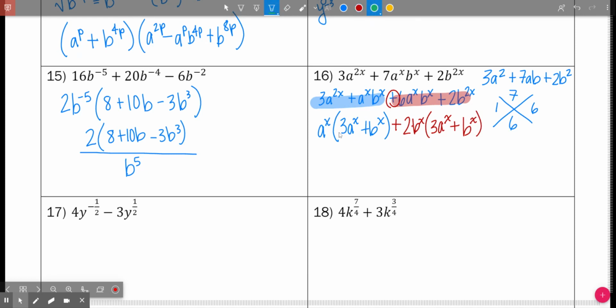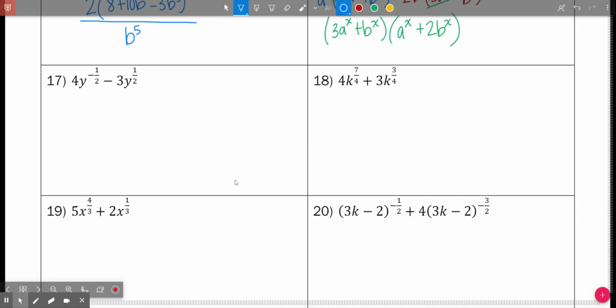So now I have 3a to the x plus b to the x in common, and this will be 3a to the x plus b to the x times a to the x plus 2b to the x.